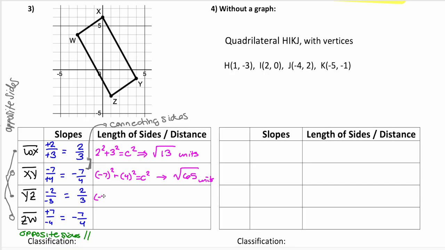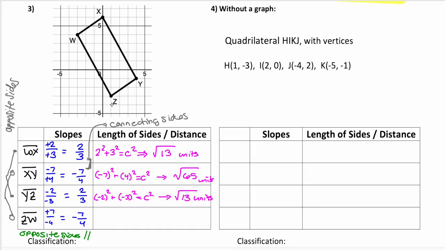Change in Y is negative 2, then we square it, plus parentheses, our change in X is negative 3, and then we square it is equal to C squared. We'll solve for C, so we'll take the square root. Negative 2 squared is positive 4. Negative 3 squared is positive 9, so 4 and 9 is 13. So square root of 13 units.